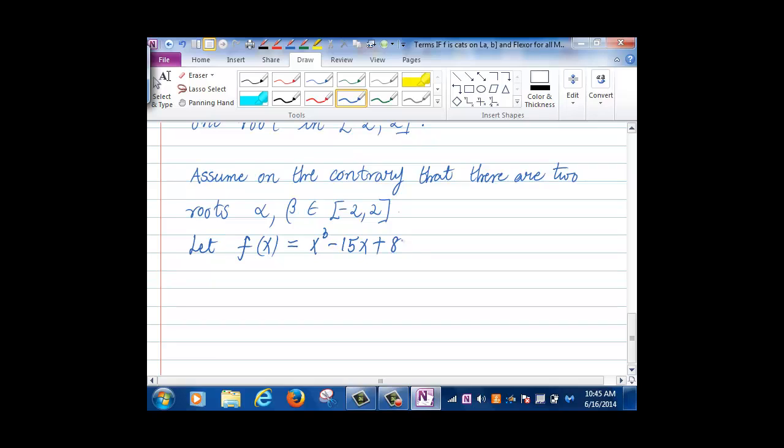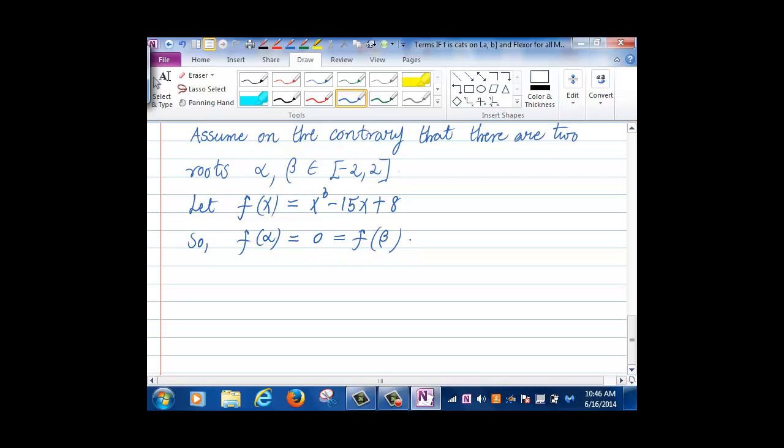So when we are assuming that the equation has two roots, alpha and beta, it means that f of alpha is 0, and f of beta is 0. Because in the equation, the right-hand side is 0, the left-hand side is my function. So if alpha is a root of the equation, f of alpha is 0. If beta is a root, then f of beta is 0.